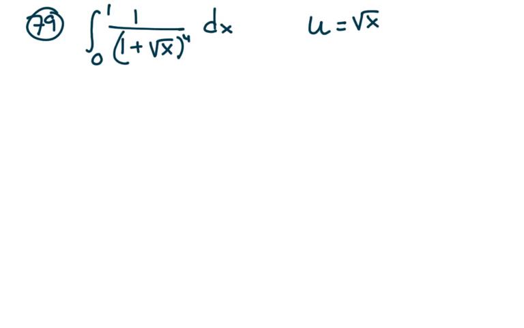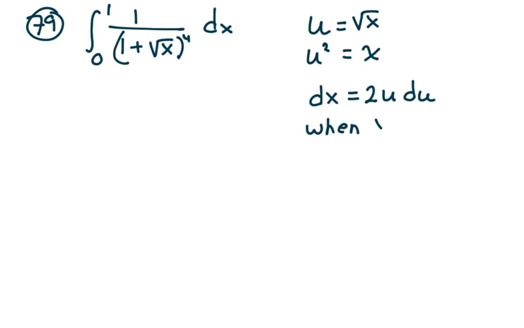Okay? Now, I'm going to square both sides. So u squared is equal to x. So we got to get rid of that radical somehow. Now, dx is 2u du. Remember, you're trying to transform an integral from something in terms of x to something in terms of u.